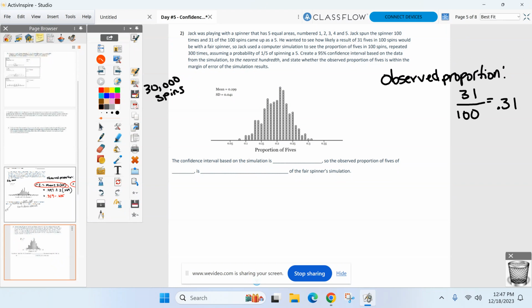So we graphed our results here in the dot plot. All right, is it likely that it would come out to be 31 out of 100 times? Let's figure it out. Confidence interval.